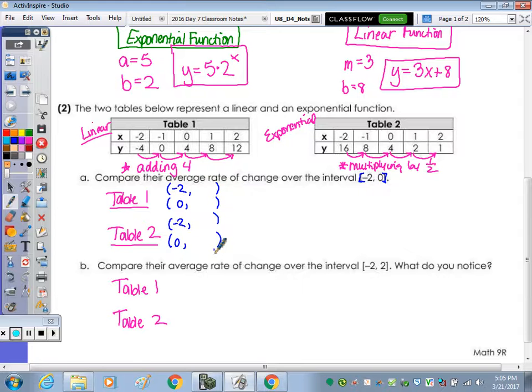So in table 1, when x is -2, y is -4. When x is 0, y is 4.